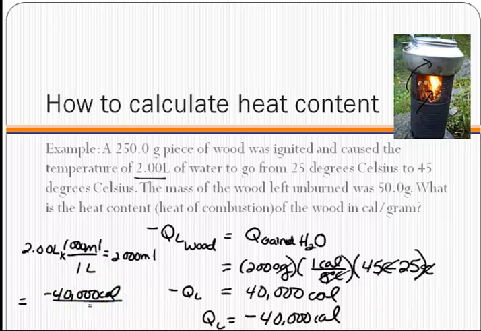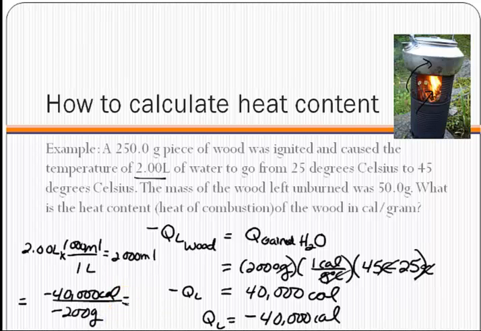So we're going to take our final mass minus the initial, and it said that the mass of the wood left unburned was 50, so it would be 50 minus 250, which is our initial. So that would be negative 200 grams.